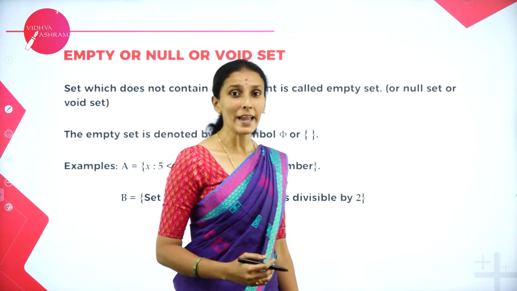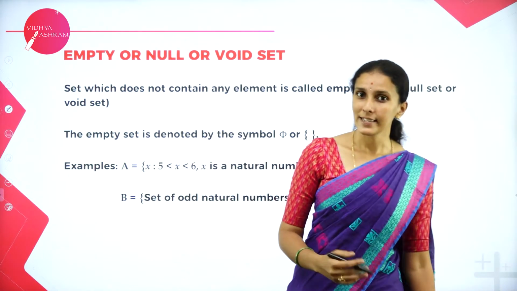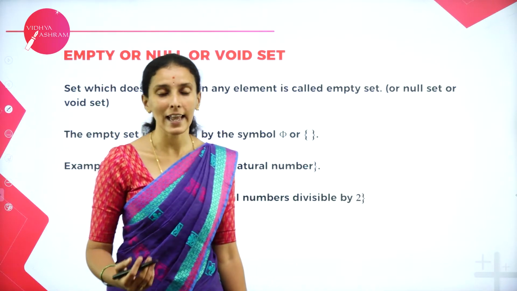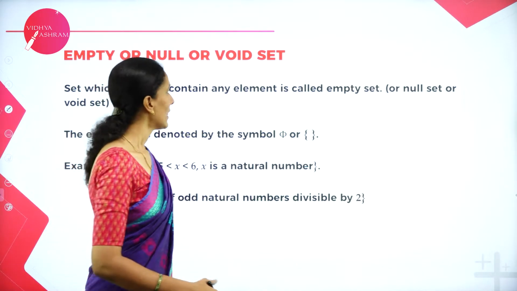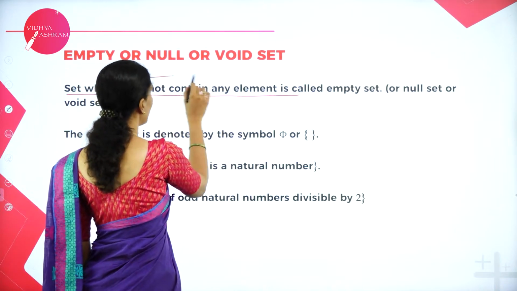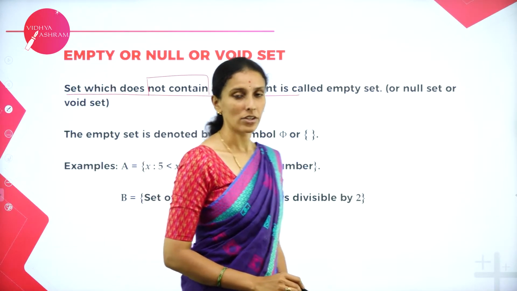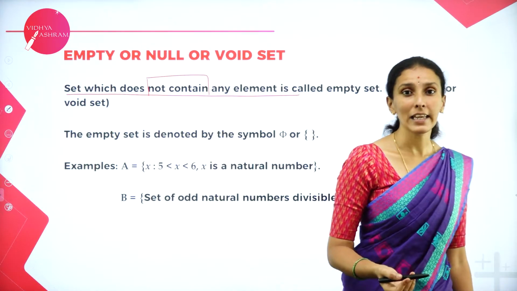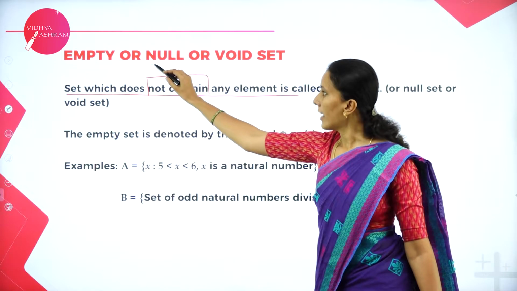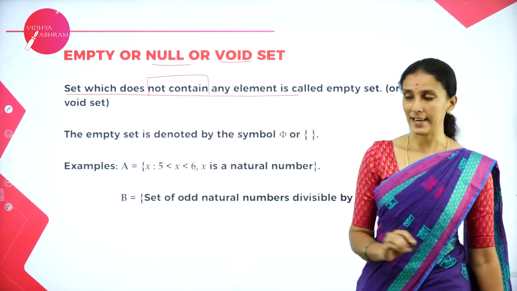So what do you mean by empty set then? Empty set, as the name itself says, does not contain any element inside the set. That is a set which does not contain any element, that is called as empty set or null set or void set.